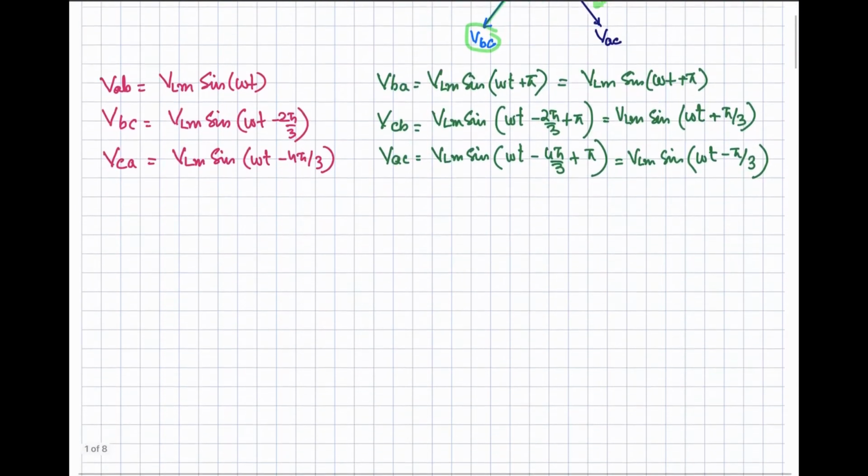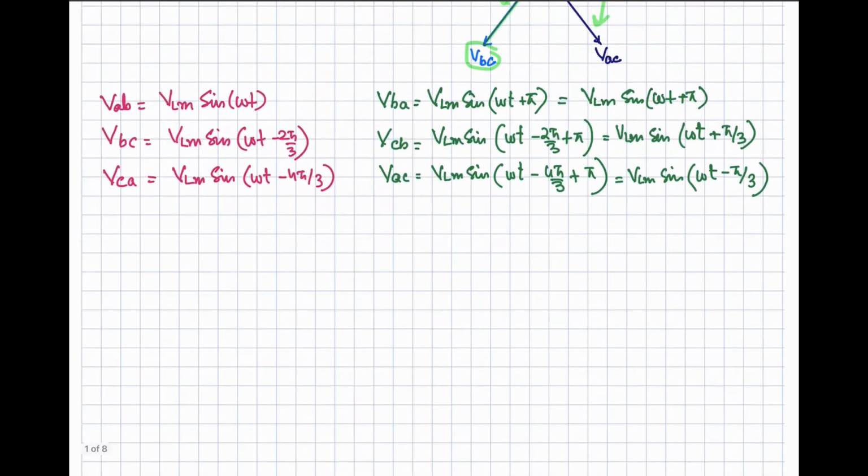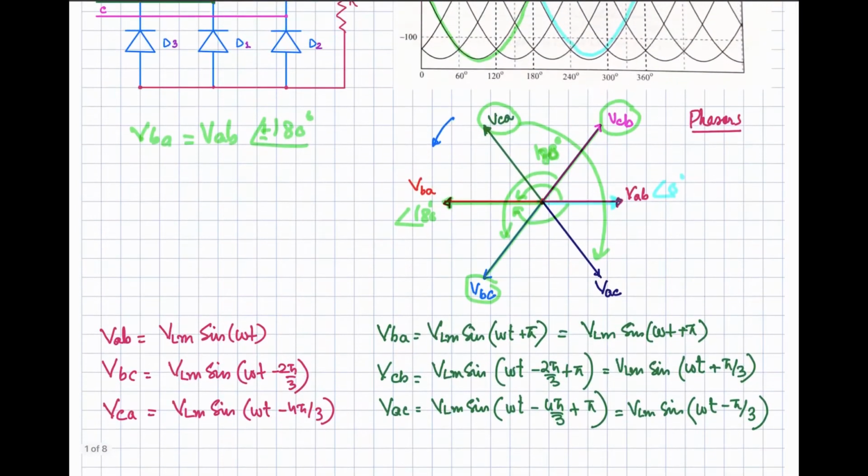Okay, now let's look at the equations which define these voltage waveforms. Let's suppose that VAB is defined by this equation, where VLM is the peak value of the line voltage.